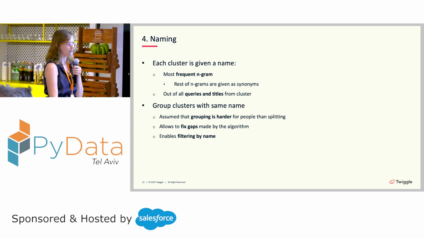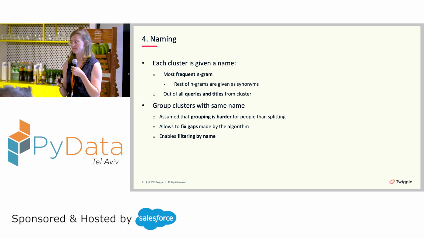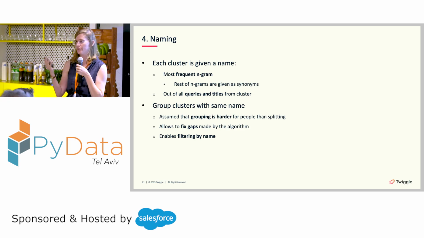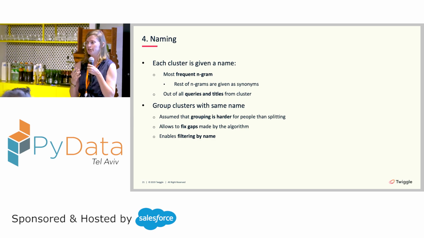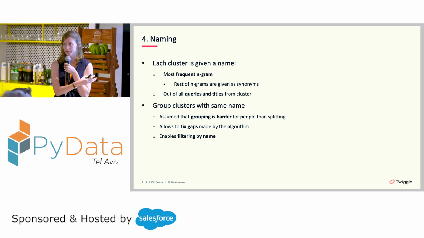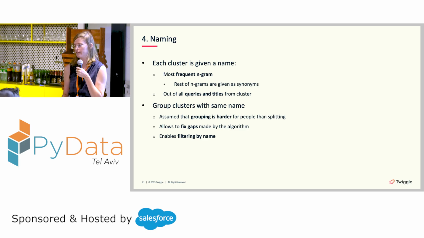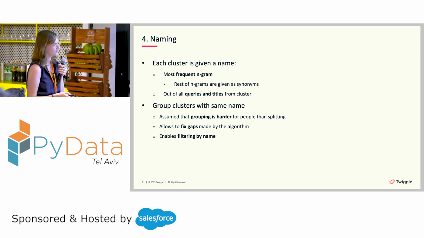My last step is to connect clusters which I've given the same name. Why am I doing that? As I've mentioned before, it's harder for a person to join clusters, so I want the algorithm to try and do it instead. If I have clusters which need to be grouped together, let's give that to the algorithm rather than the person.